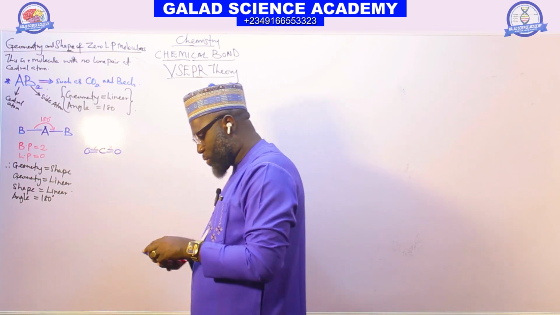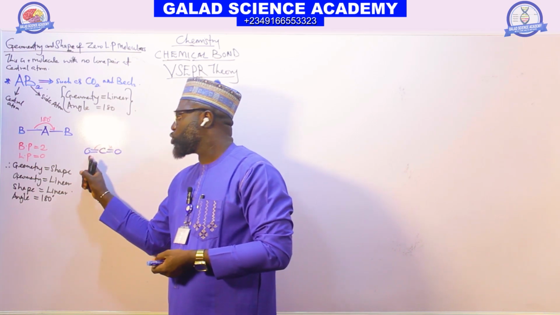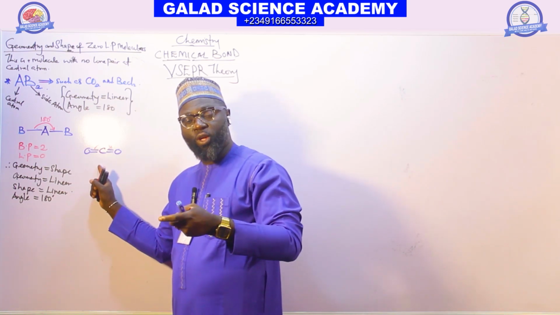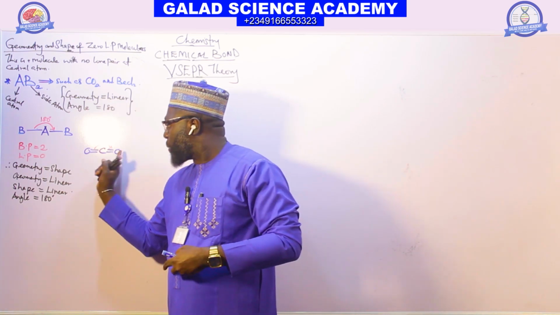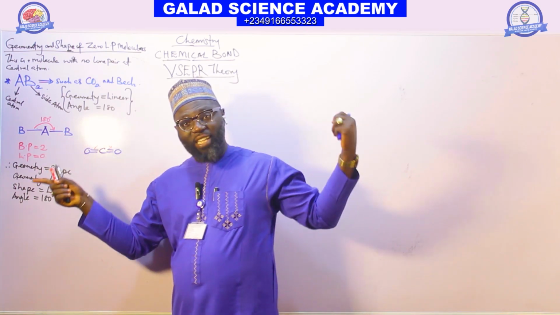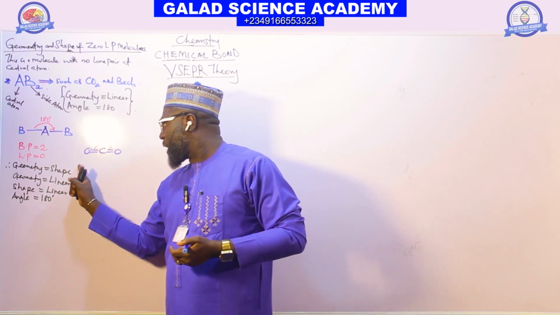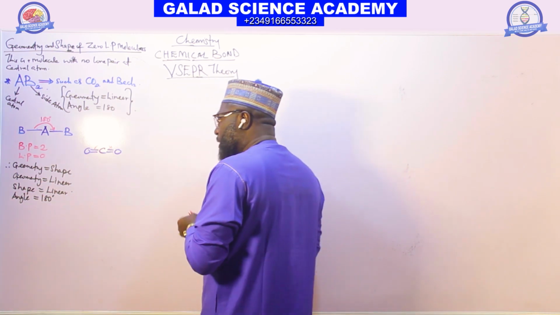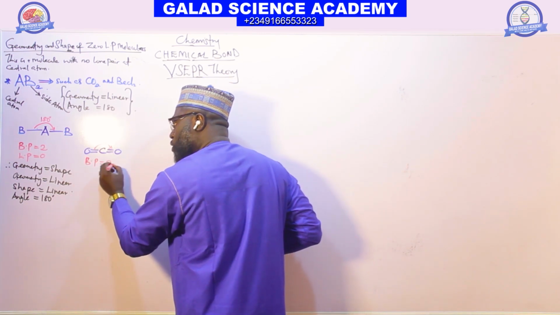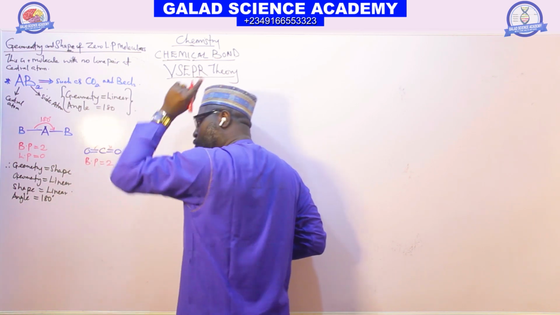For this CO2, how many bond pairs do we have? Two. It's not four, because to determine the shape, a double bond will appear as a single bond. That's the last rule under VSEPR theory. So you count these two double bonds as one each, according to the rules.